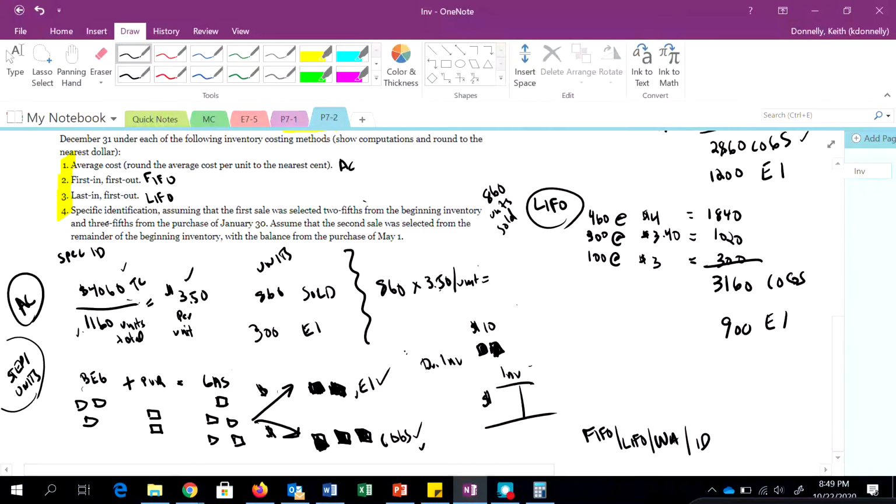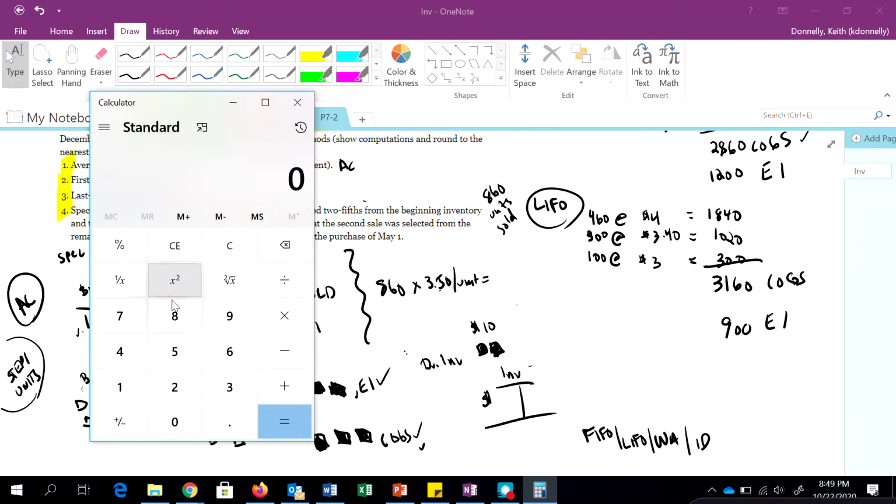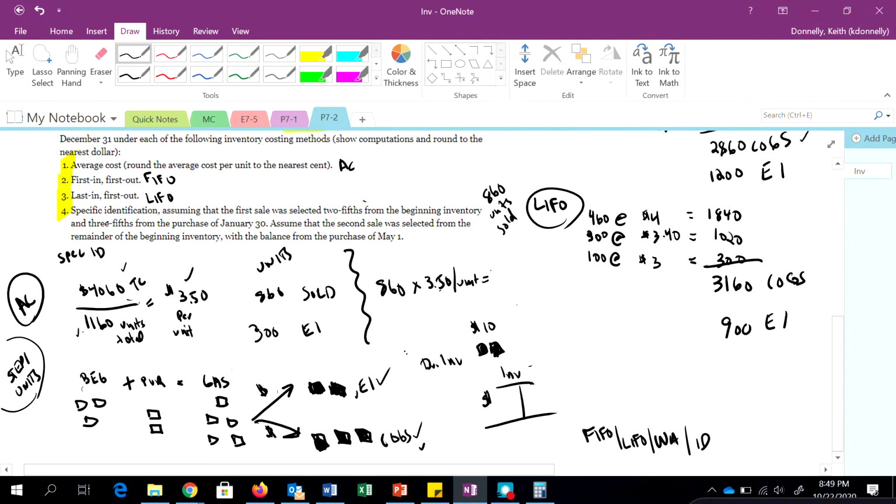Let's do the math here. 860 times 350 is going to be 3010 for our cost of goods sold.